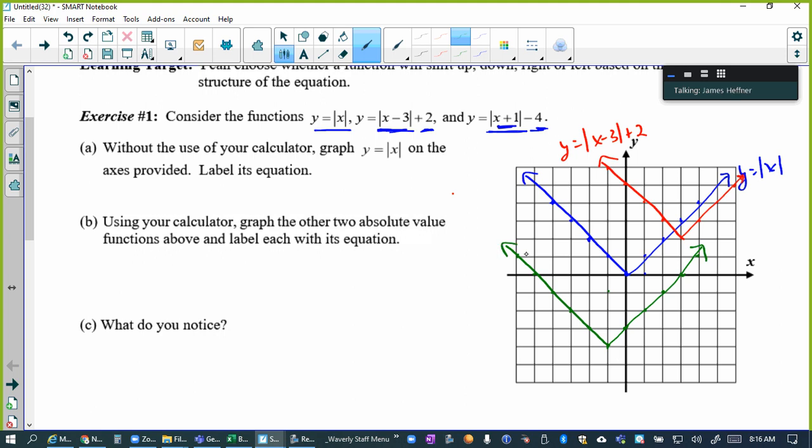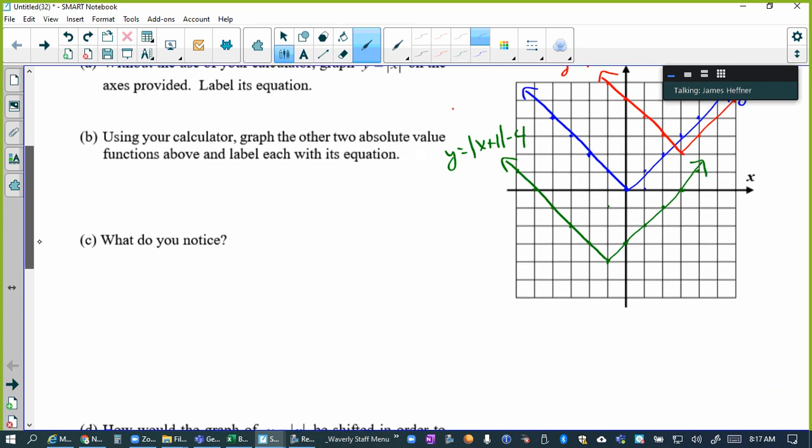So this is our y equals absolute value of x plus 1 minus 4. Okay? So let's talk about what we noticed.